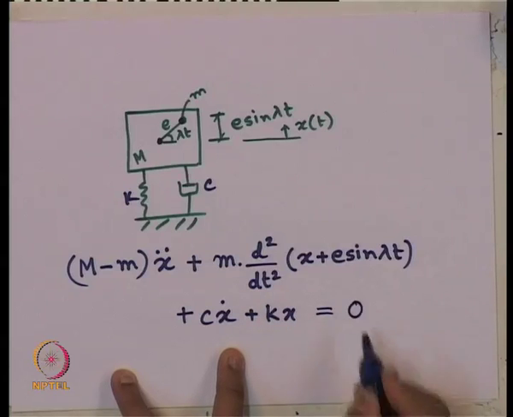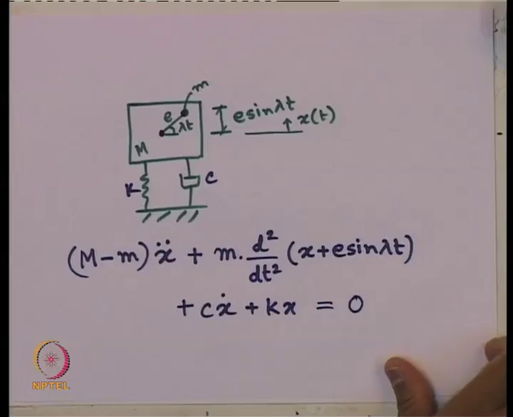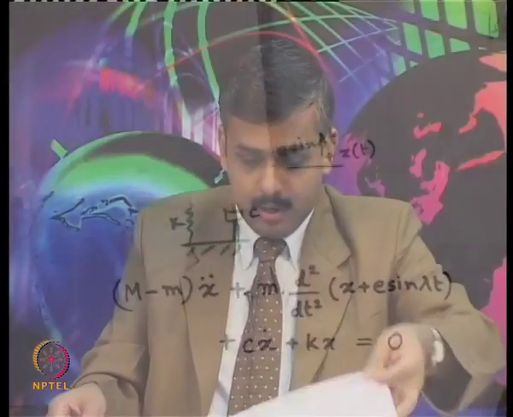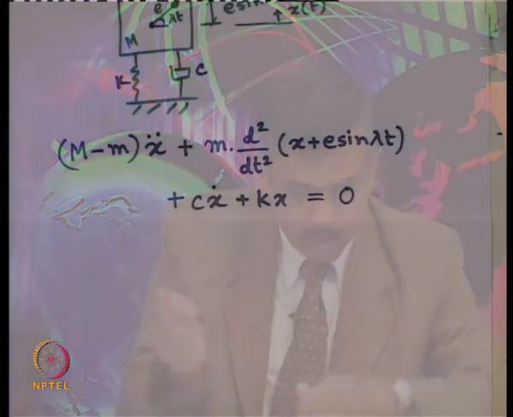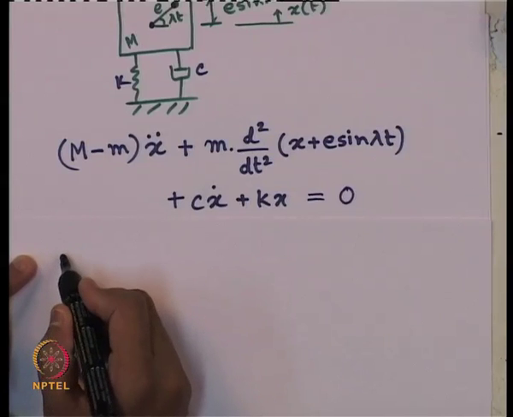So, it should be equal to 0. Fine. So, now if we want to simplify this expression, what can we get? Let me put it a little above, so that it will be easy for us to follow. So, now I am simplifying it further.